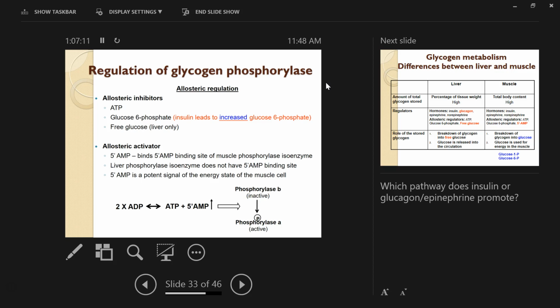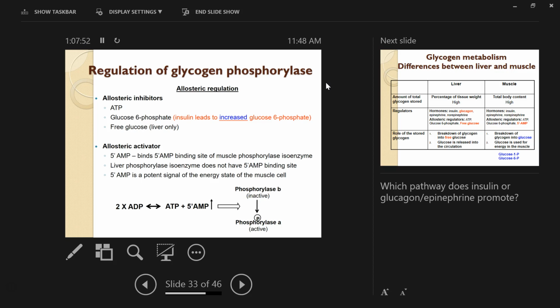So 5' AMP can bind the binding site at the phosphorylase enzyme and stimulate the phosphorylase activity, and this only occurs in the muscle. Liver phosphorylase does not have a 5' AMP binding site, so 5' AMP only regulates phosphorylase activity in skeletal muscle, but not in the liver, because the enzymes have different characteristics.